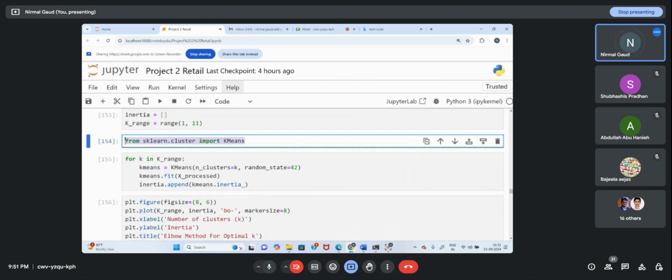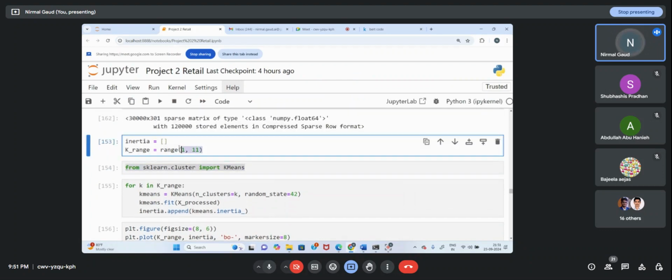Fine. And let us suppose, I hope you have a knowledge about this, from 1 to 11, range 1 to 11, that means I'm going to identify 1 to 10 clusters in the data, and whichever be the best cluster, that will be finalized. So I am using elbow method.